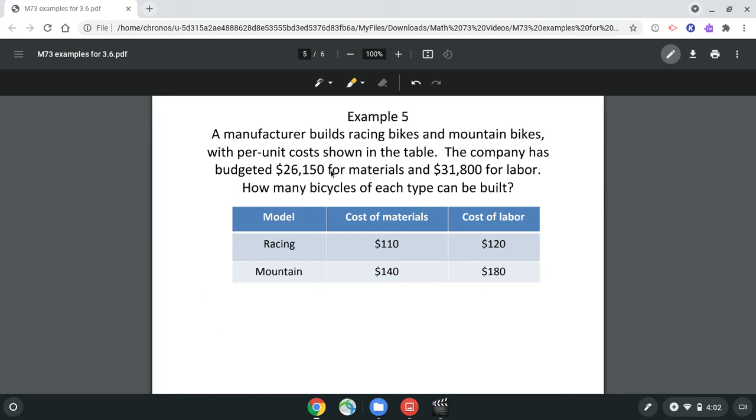So there's only a certain amount for materials and $31,800 for labor. Okay, how many bicycles of each type can be built? Okay, so here, racing bikes, it costs $110 for materials and $120 for labor. Mountain bikes, $140 for cost of materials and $180 for labor.